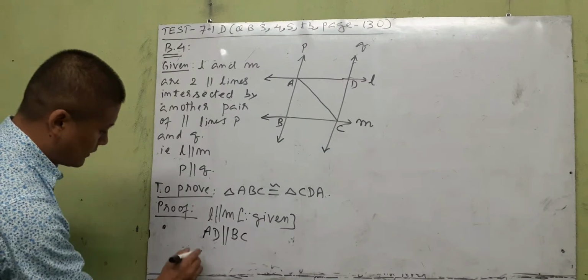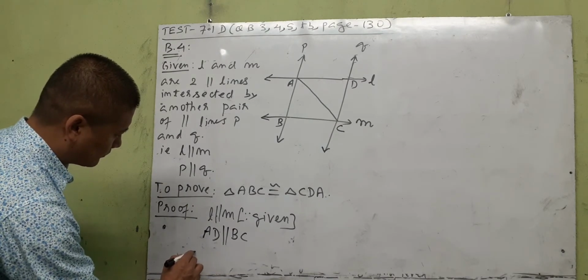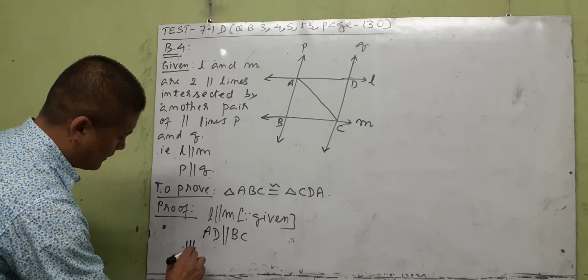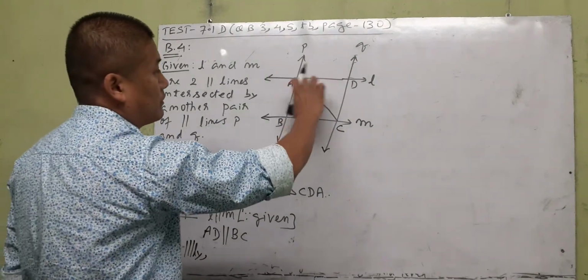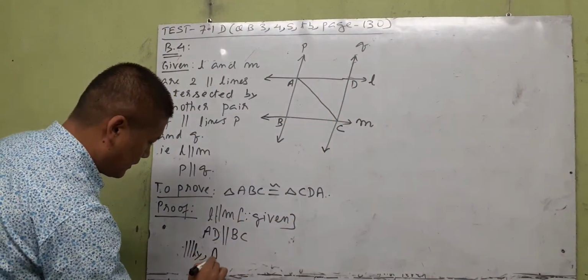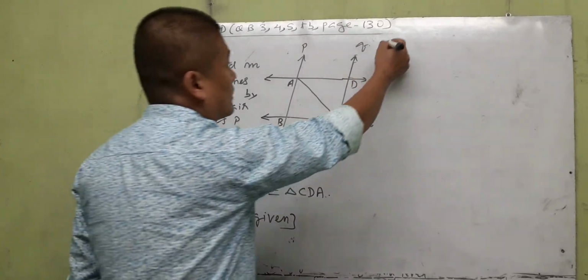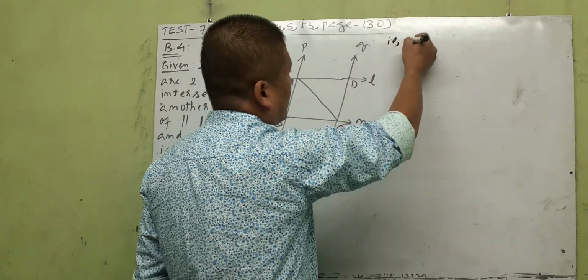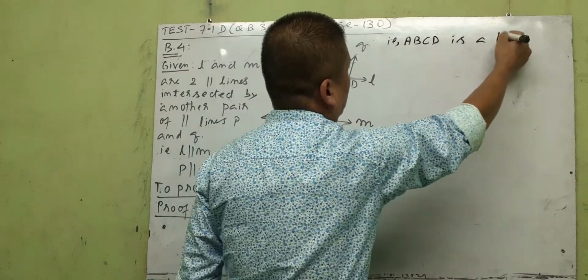Okay, so next here, similarly, we can just write here, okay, like this. Similarly, P parallel to Q means AB parallel to DC. AB parallel to DC. In other words, that is ABCD is a parallelogram.